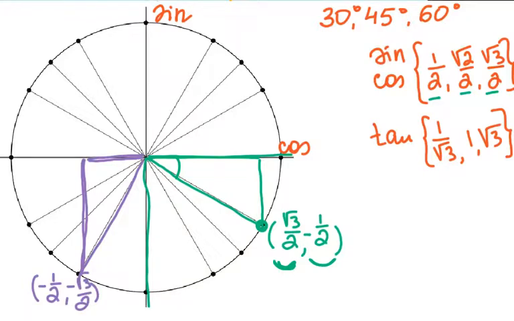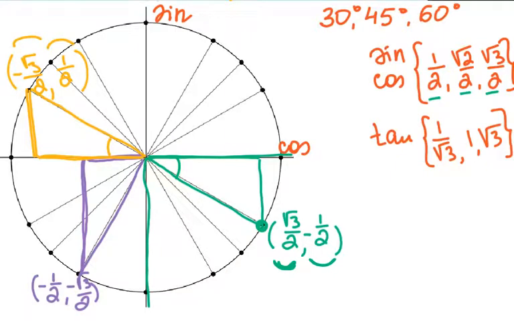If I look at this triangle, then I have the shortest y and the longest x. So negative square root of 3 over 2, because x is negative over here, and 1/2 positive. So this is again my cosine, and this is my sine for that angle.